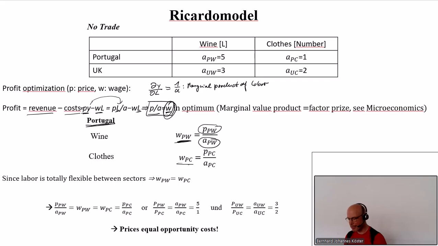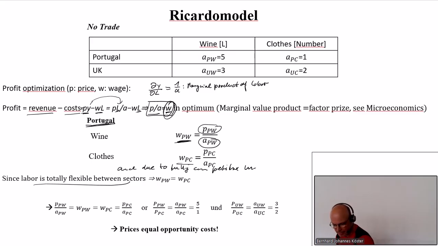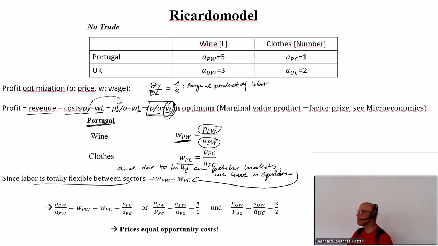Okay, so since labor is totally flexible and due to fully competitive markets, we have in equilibrium that both wages are the same.